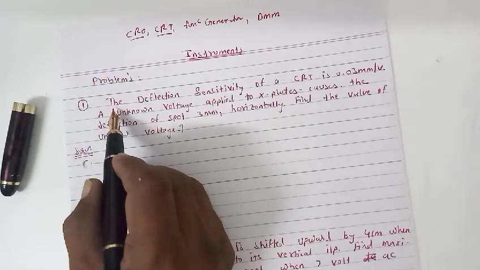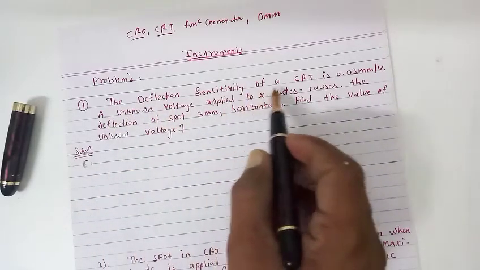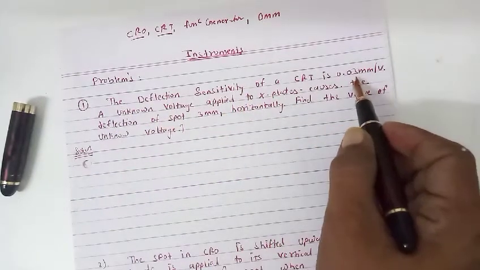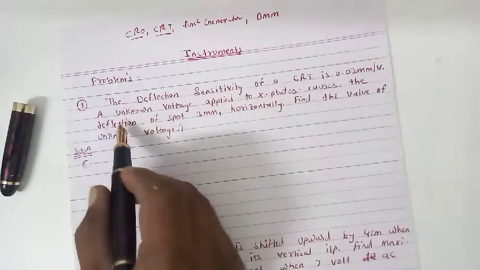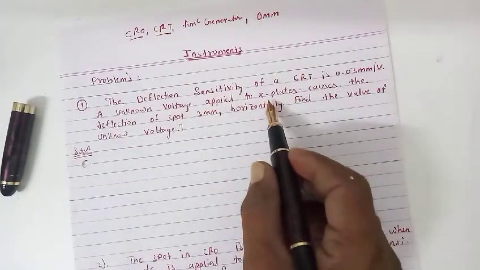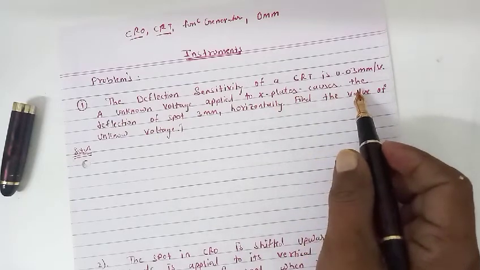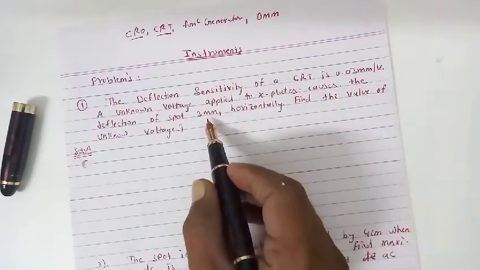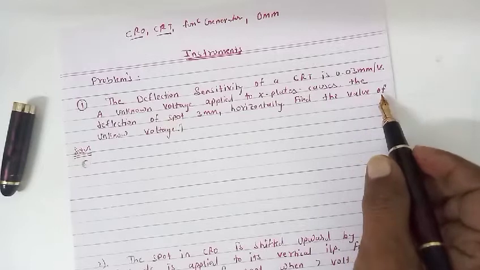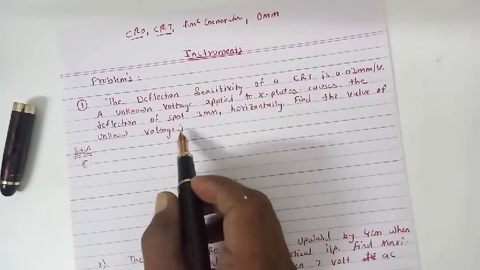The deflection sensitivity of the CRT is 0.03 mm per volt. The unknown voltage applied to the X plate causes a deflection of the spot of 3 mm horizontally. Find the value of the unknown voltage.